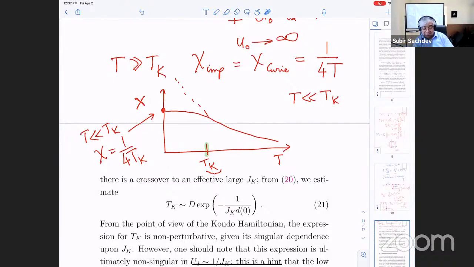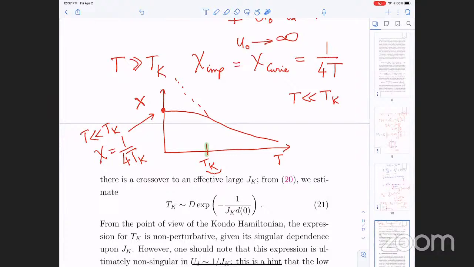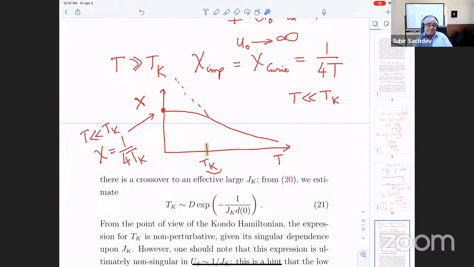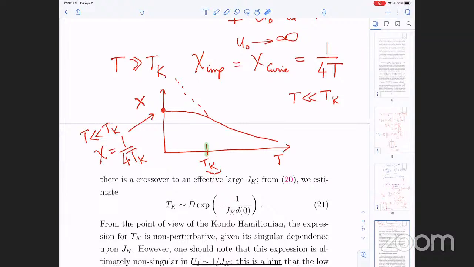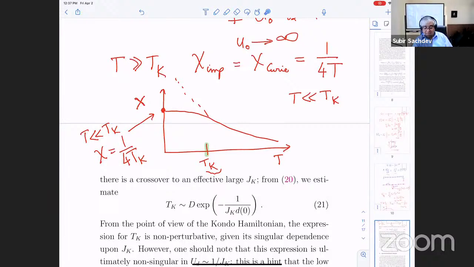So you can actually put in energy by having a frequency dependent probe, and there'll be very similar crossovers. It's just that I like to think of temperature as a much more convenient experimental probe. You have some experimental probe with some energy scale. It could be temperature, it could be frequency, it could be magnetic field, whatever. They will all have some scale which is of order TK.